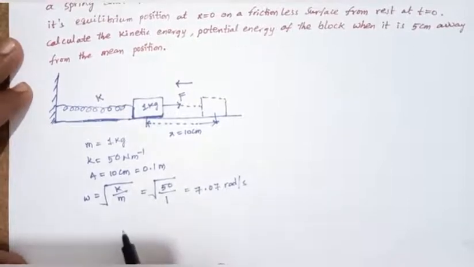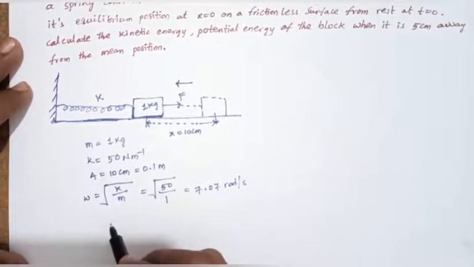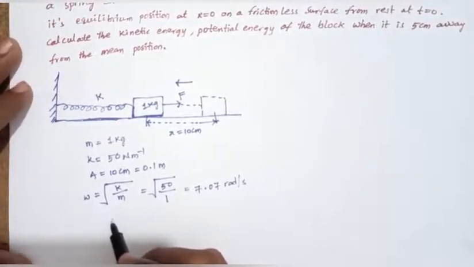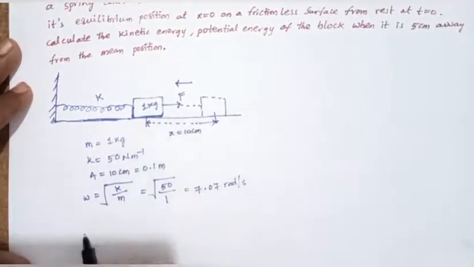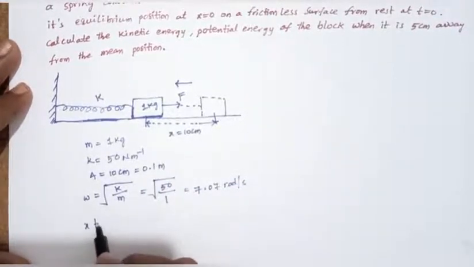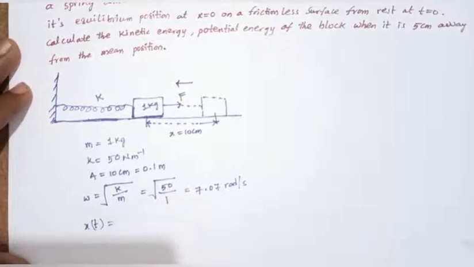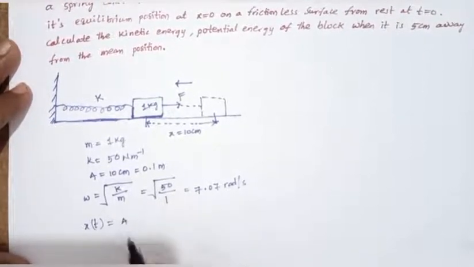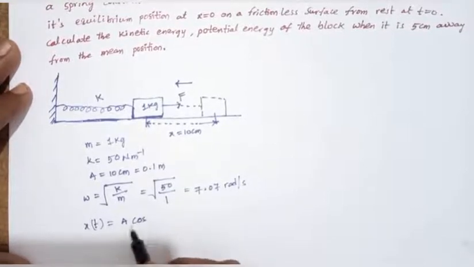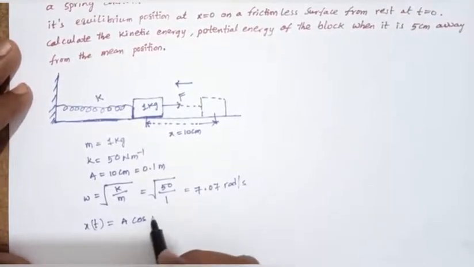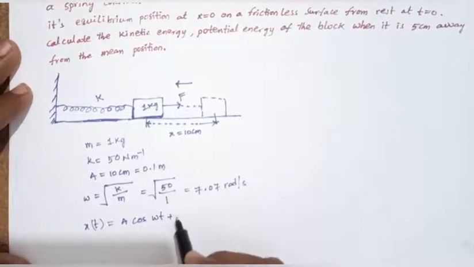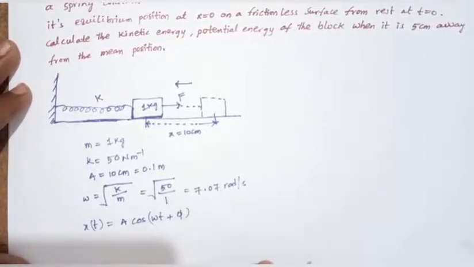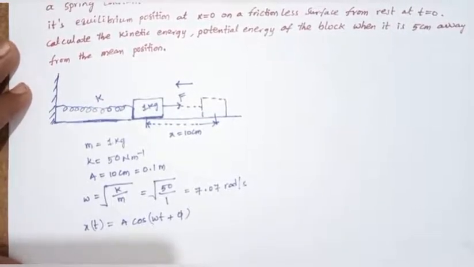Next, what is the displacement equation? The displacement equation is x of t equals A cos(omega t plus phi). This is the actual simple harmonic motion equation.